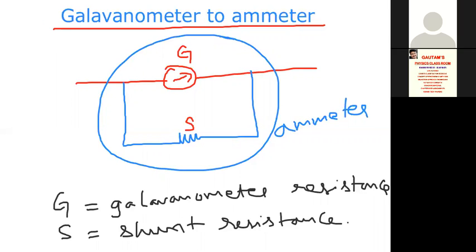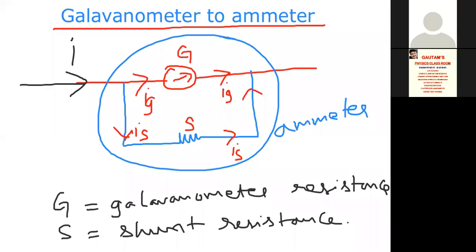So the current which is coming here, let me call it I. I is the current coming through here. Now these are in parallel combination. Parallel combination means the current will divide as Ig and Is. This Is is the current flowing in the shunt, that is the reason we named it Is, the shunt current. And Ig is the galvanometer current.